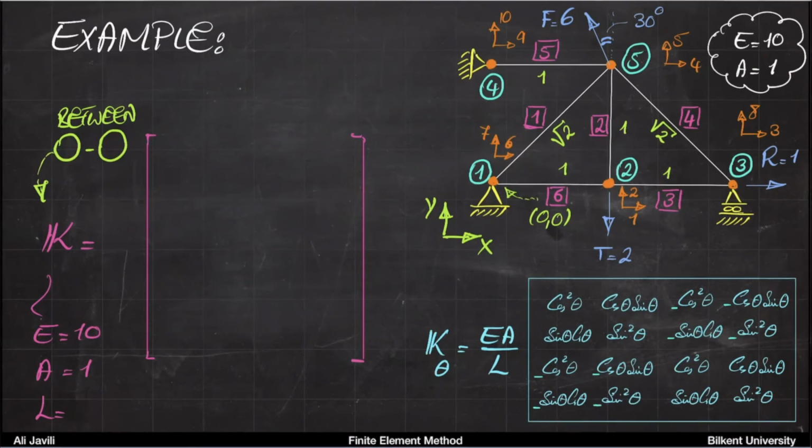So let's say we want to do element 2 now. So EA is again the same as before, so it's just EA, but the length now is 1. So what you get here is just EA divided by 1. Now, element 2 is between nodes 2 and 5.